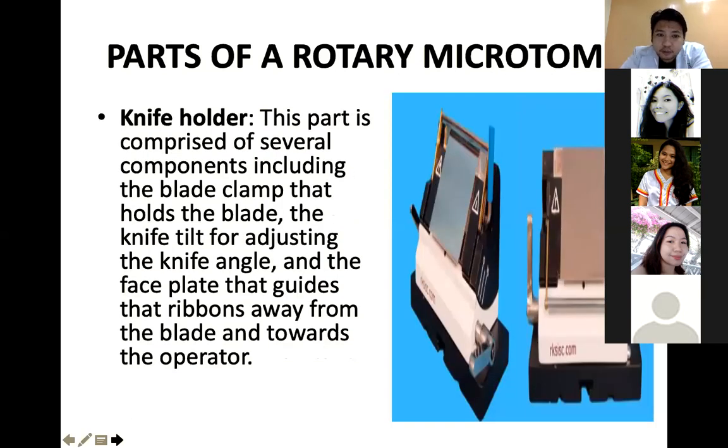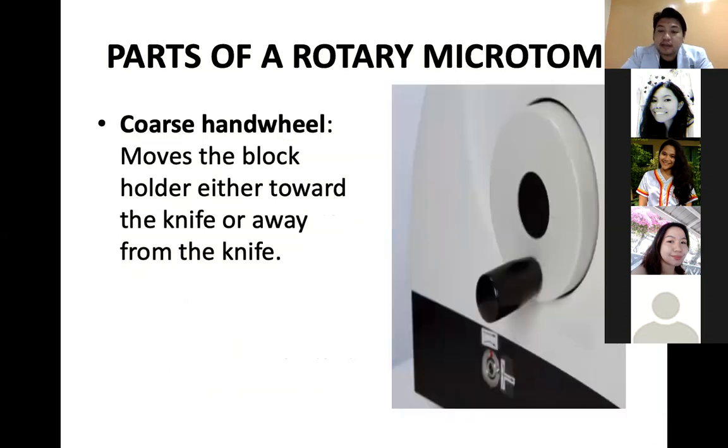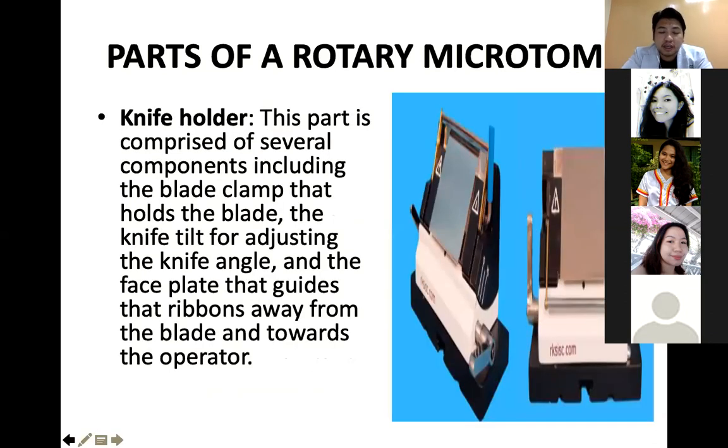Next, we have the knife holder. So this part is comprised of several components, including the blade clamp that holds the blade, the knife tilt, ito yon, for adjusting the knife angle, and the face plate that guides the ribbons away from the blades and towards the operator. Okay, so this knife holder has different tilting mechanisms.